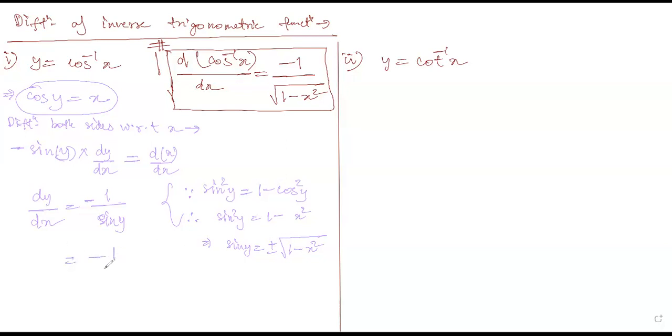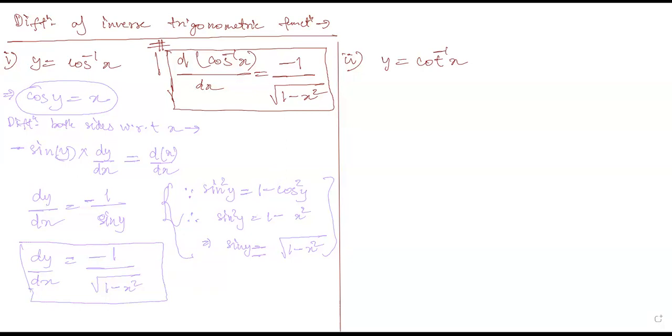In all the cases, the positive one will be taken, due to the values of inverse function of trigonometry. So we can write sine y is equals to root over 1 minus x square. So dy by dx is equal to minus 1 upon root over 1 minus x square.